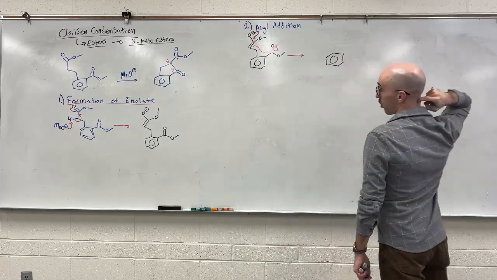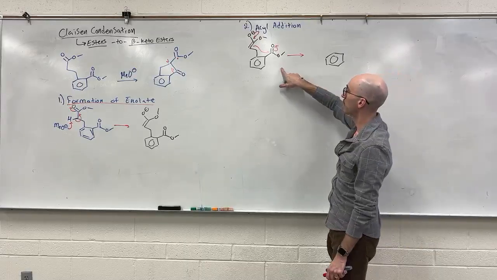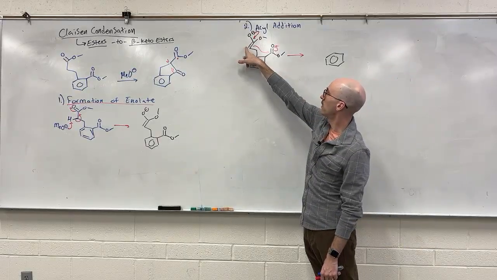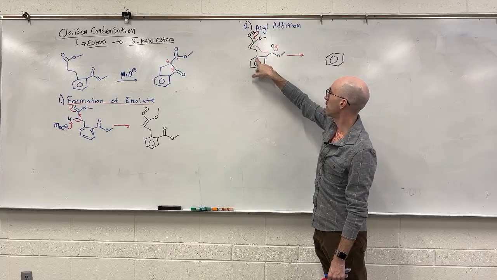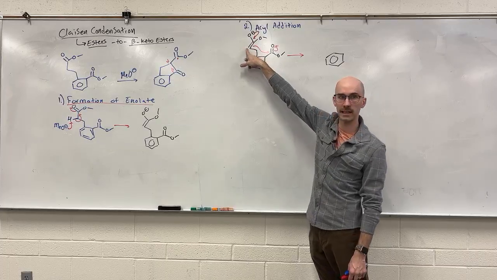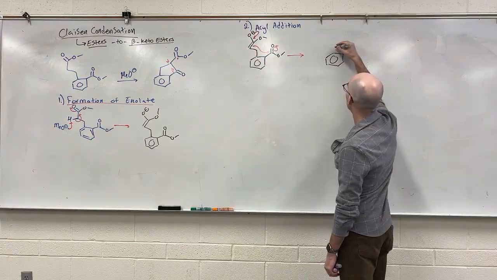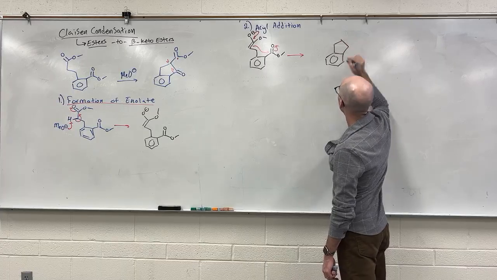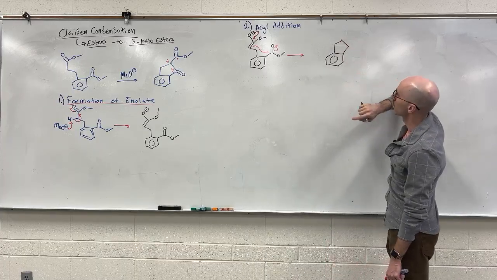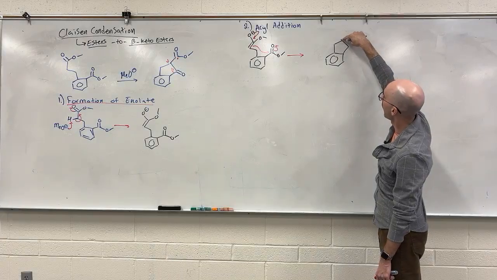We know that this should form a 5-membered ring. Let's just check it. Alpha attacks beta. 1, 2, 3, 4, 5. Back to alpha. Great. 5-membered ring. Here is alpha.